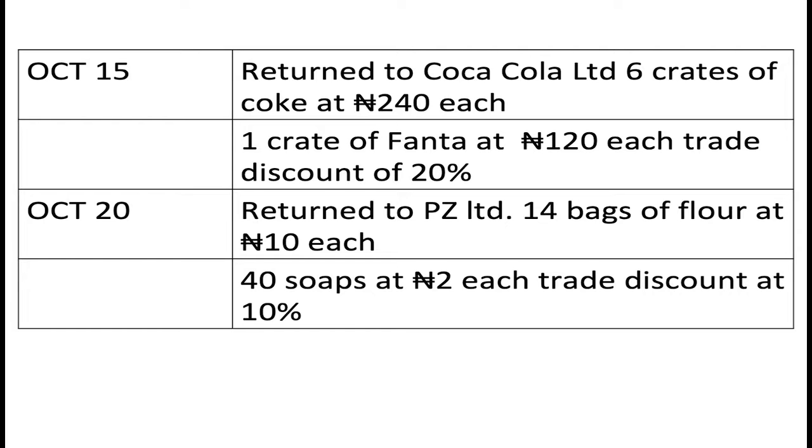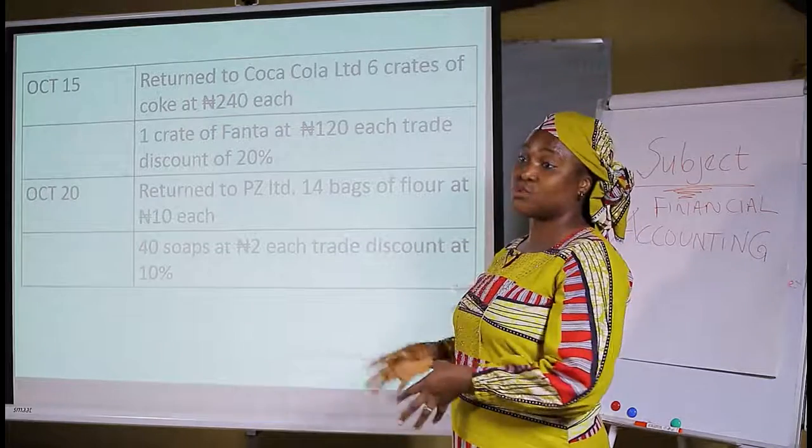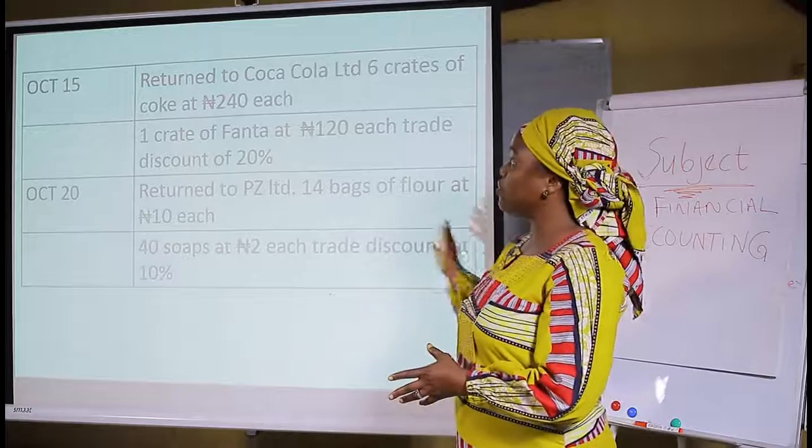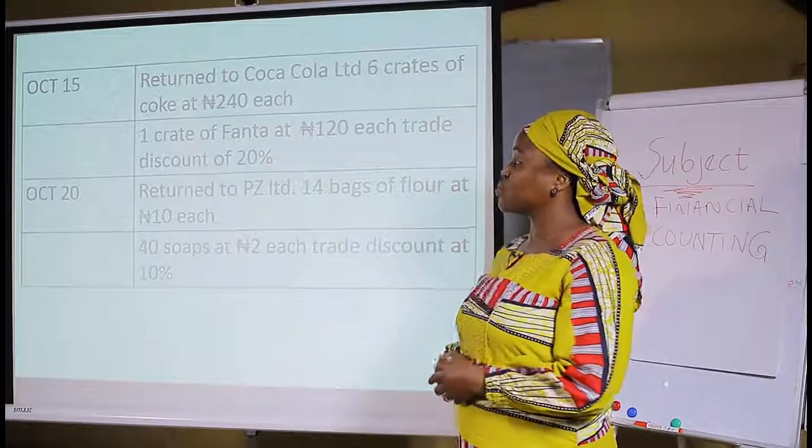August 20th, return to PZ Limited, 14 bags of flour at 10 naira each, 40 soaps at 2 naira each, with a trade discount of 10%. All these goods were found to be defective or for other reasons, so they are returned back to the company. So this is how the solution is going to look like.